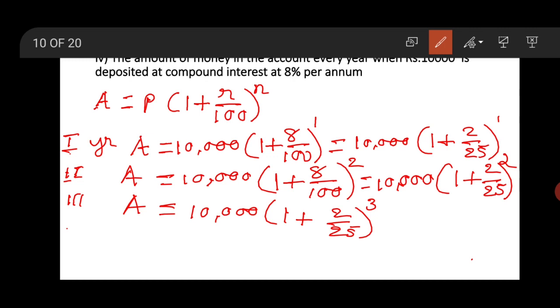So, are they in AP? By observing these amounts: 10,000 into 1 plus 2 divided by 25, then for the second year 10,000 into (1 plus 2 divided by 25) whole square, next year 10,000 into (1 plus 2 divided by 25) whole cube. Are they in AP?